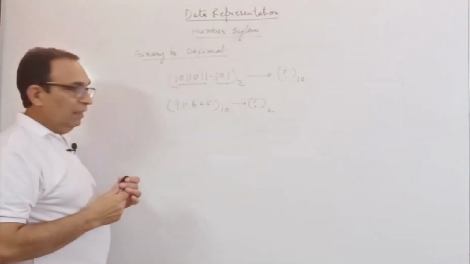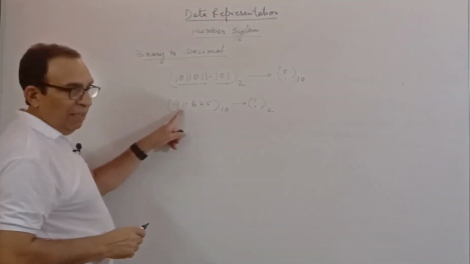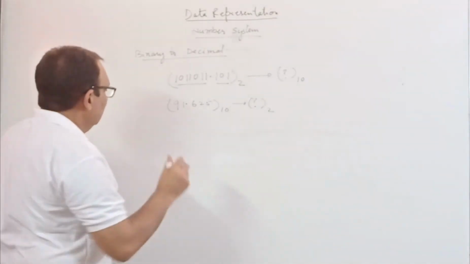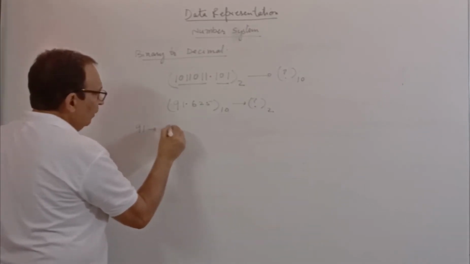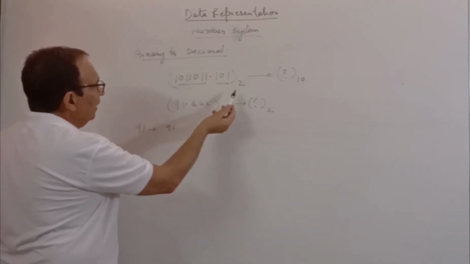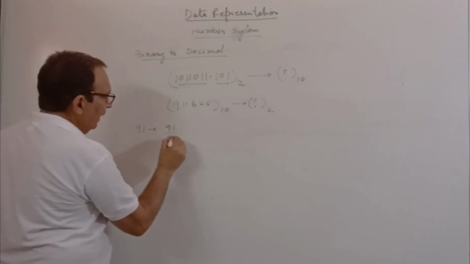So how can it be done? Take this 91 separately and this fraction separately. For the conversion of 91 to binary, we have to divide by 2.